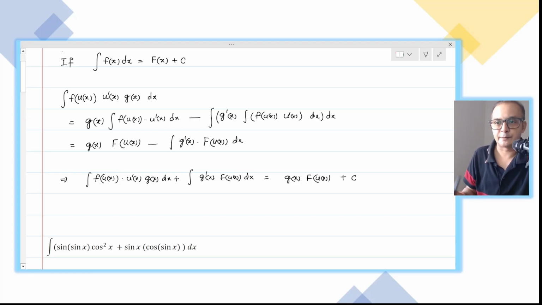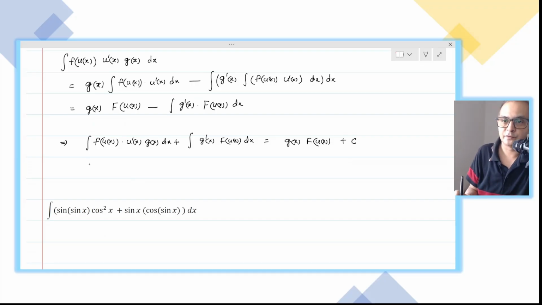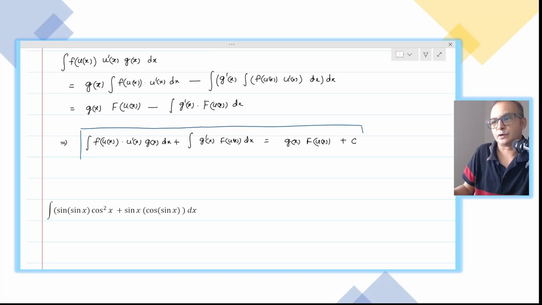So this is the technique I'm talking about. We can also club this integral together. Maybe you can just memorize or understand this. This is our final result.